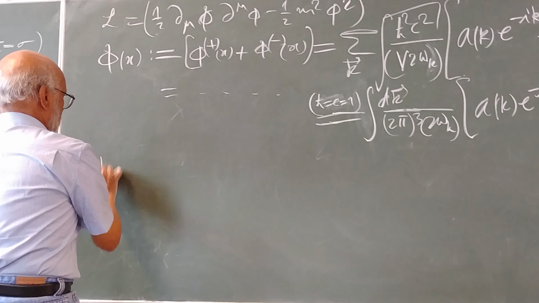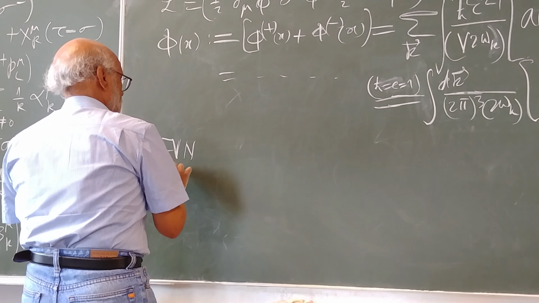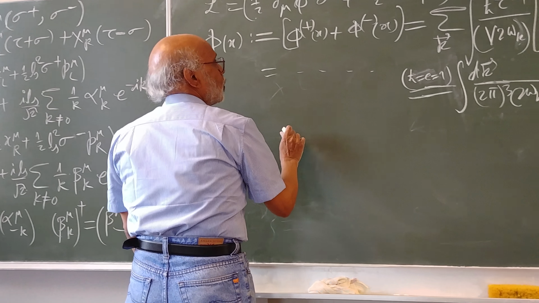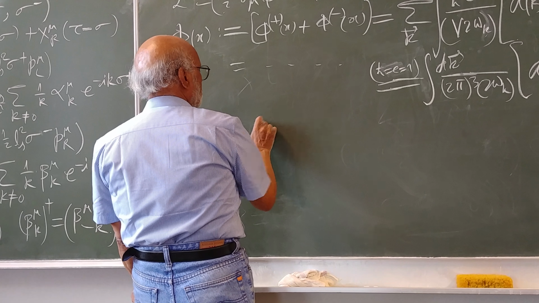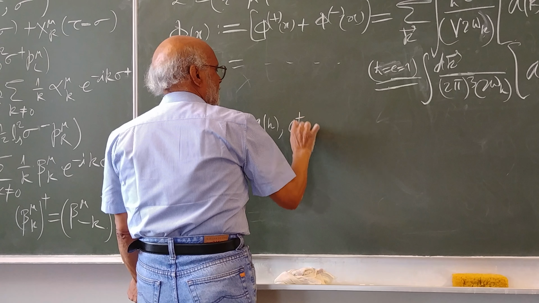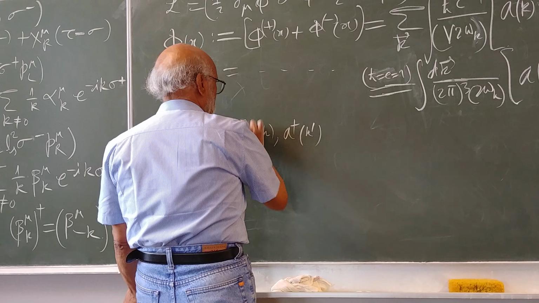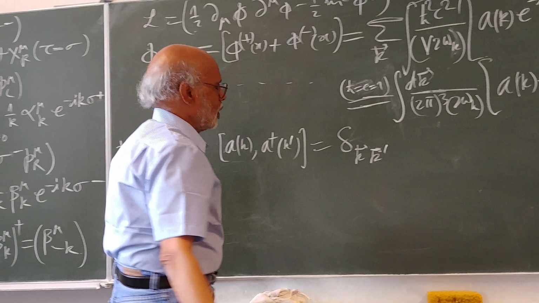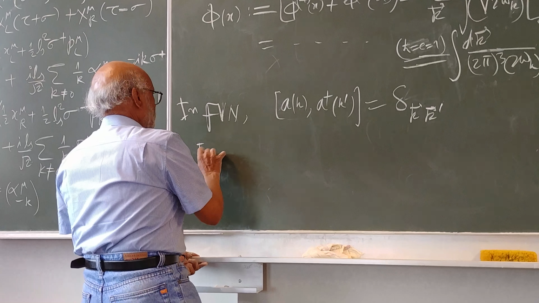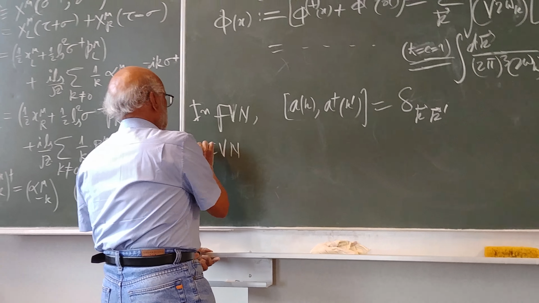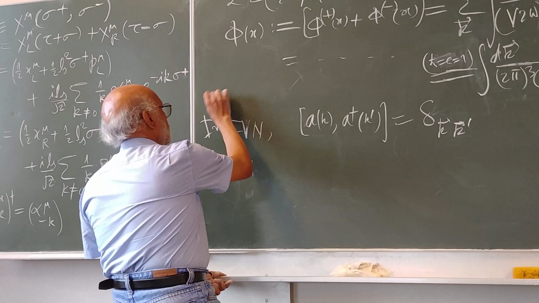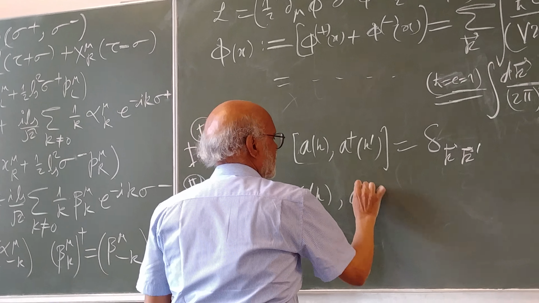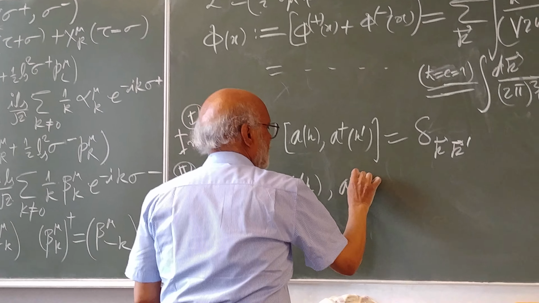So in the finite volume normalization, one would obtain a of k, a dagger of k prime, delta of k and k prime, and in the infinite volume normalization, so case 1 and case 2, here you will find a of k, a dagger of k prime.